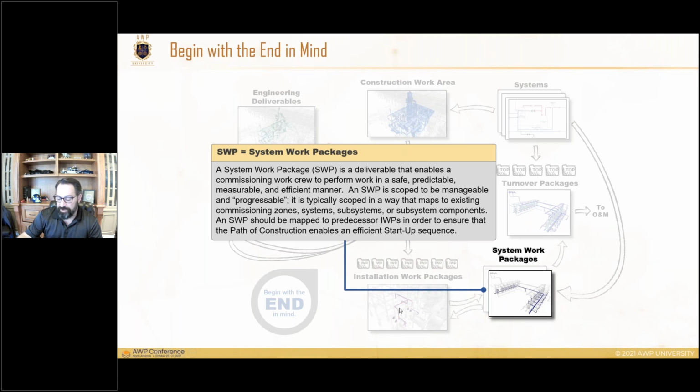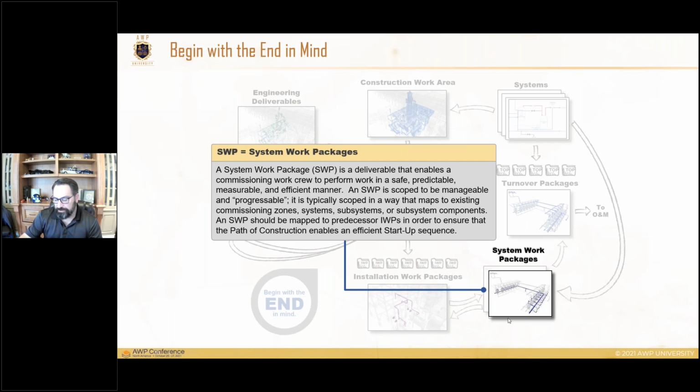Now, there may be other system work package contents within each of those individual IWPs as well, but portions of each of those IWPs will complete that system work package. That mapping is extremely important and will drive the schedule for the IWPs themselves.